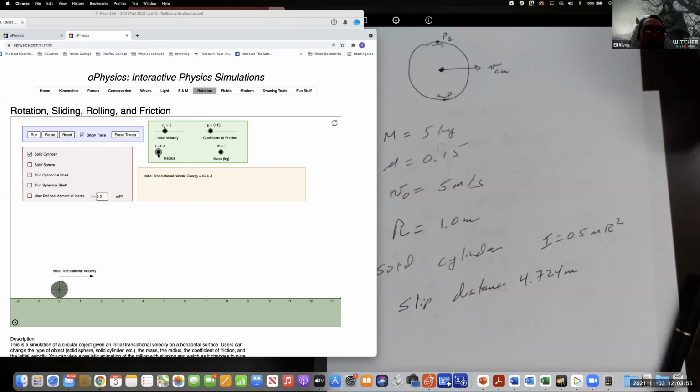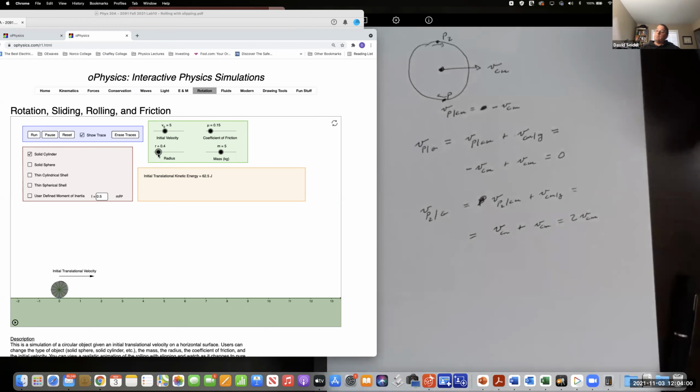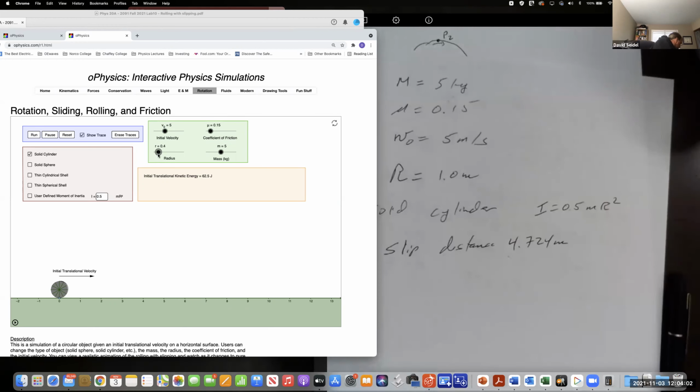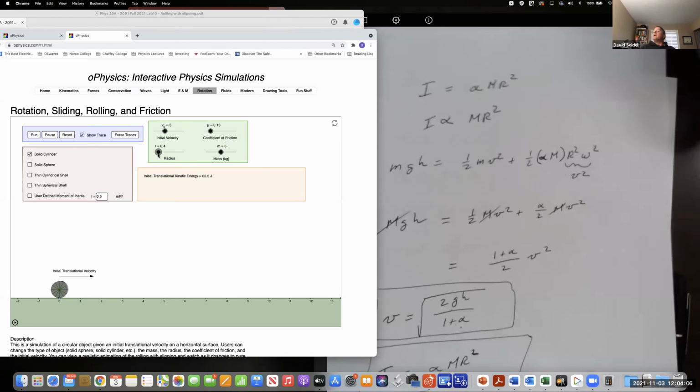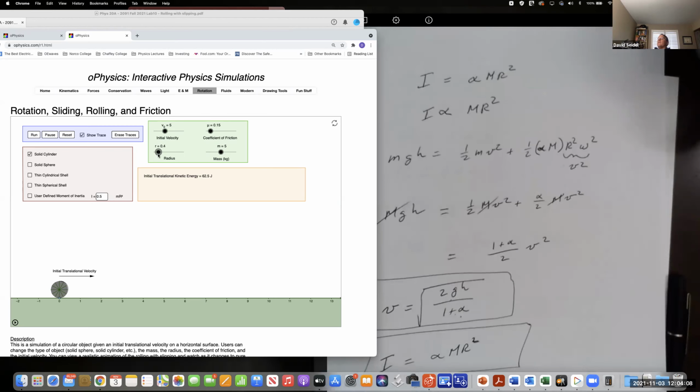It's going to go down. Remember when we did this on the board, the velocity became 2gh divided by 1 plus alpha if we're sliding down a plane.